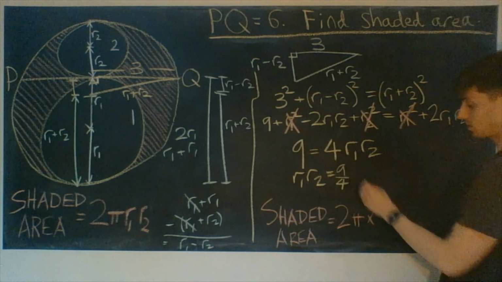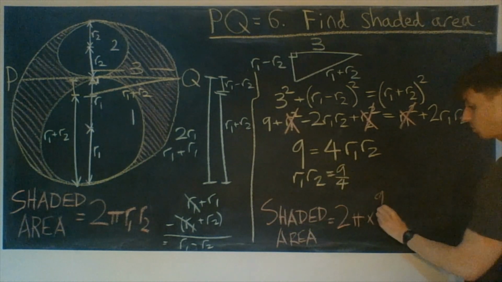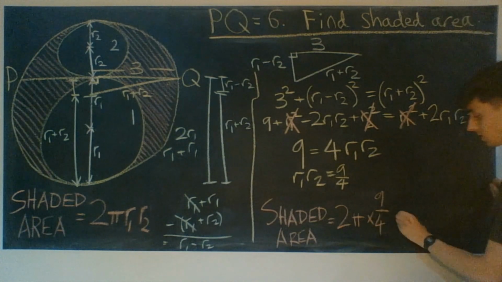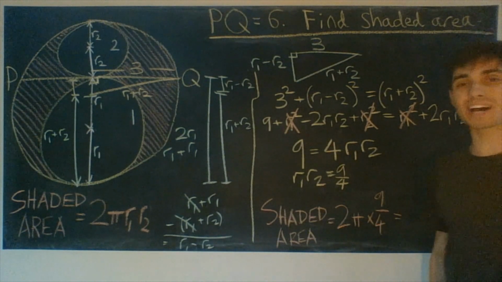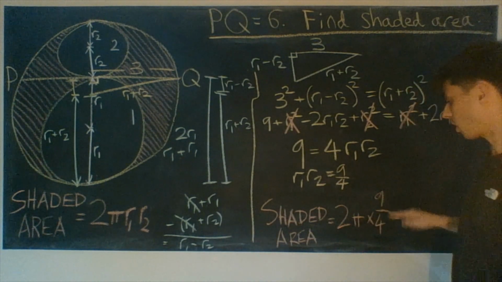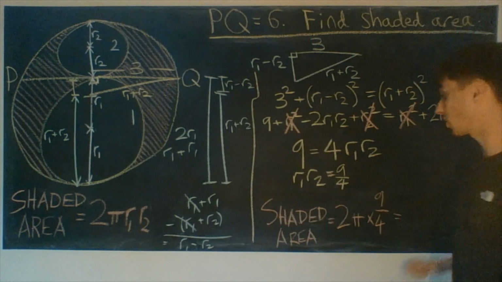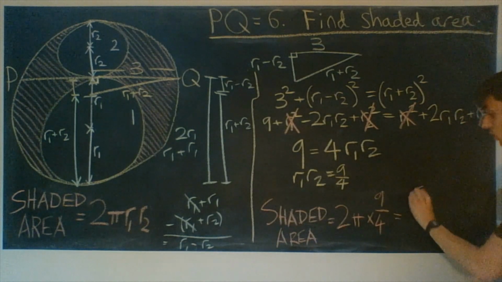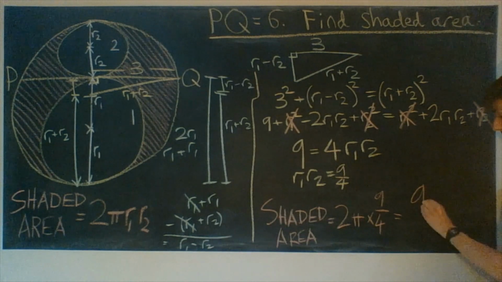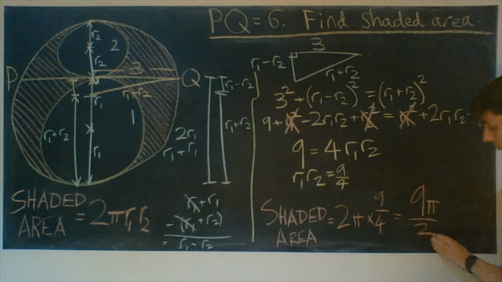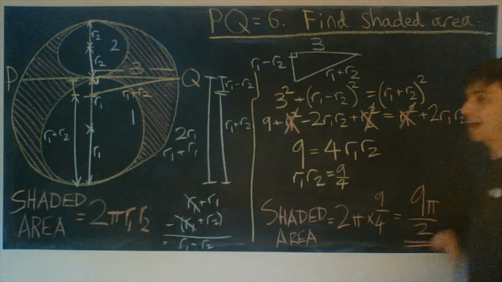That's what we just found here. So 9 over 4. And then simplifying that fraction, 2 times 9 over 4 just gives us 9 over 2. So we've got 9 pi over 2. And we are done.